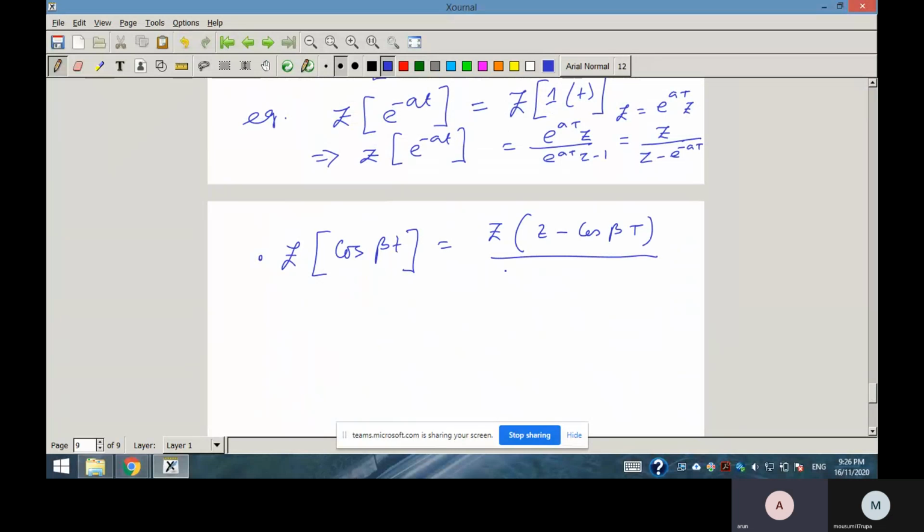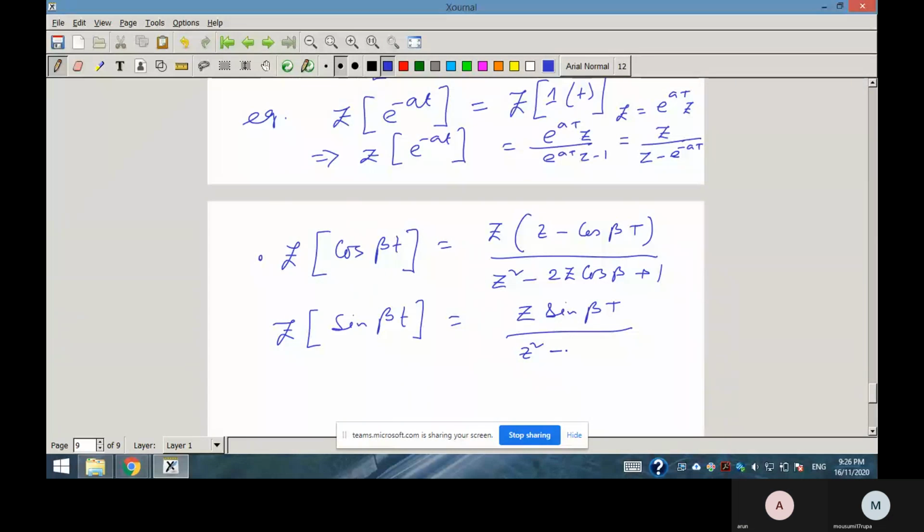Please try to derive it; in any standard book you will get all these things. And the Z transform of sine of beta t is equal to z sine beta divided by z square minus 2z cos beta plus 1.